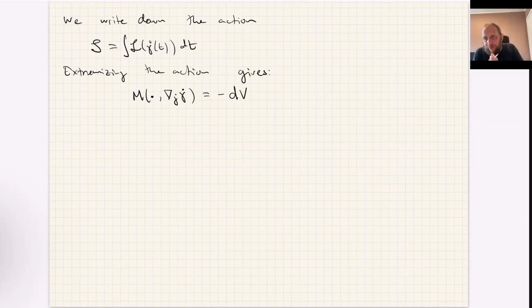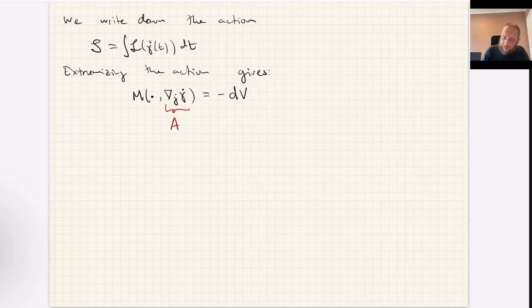But this looks oddly familiar, right? This function here is essentially what we would call an acceleration, a. And it's a vector, right? Because it's how the velocity changes as time progresses. So this is acceleration by definition. And then we have some inertia here. It's a rank 2 tensor, but it's some inertia, and it's equal to minus some derivative of the potential.